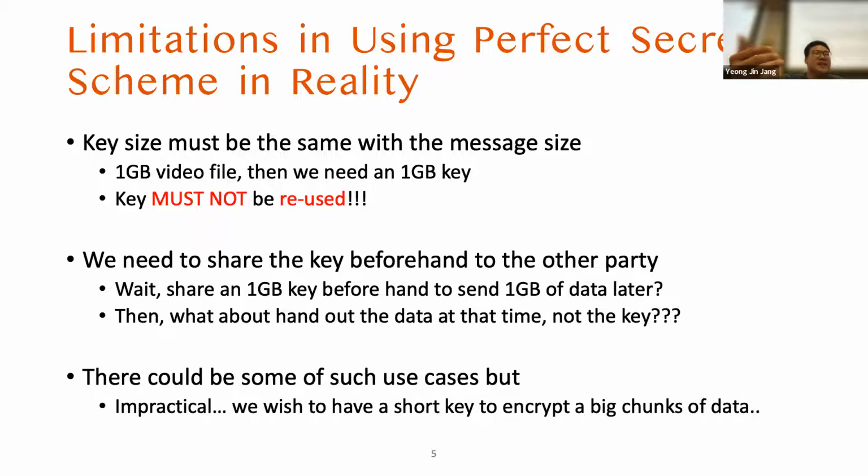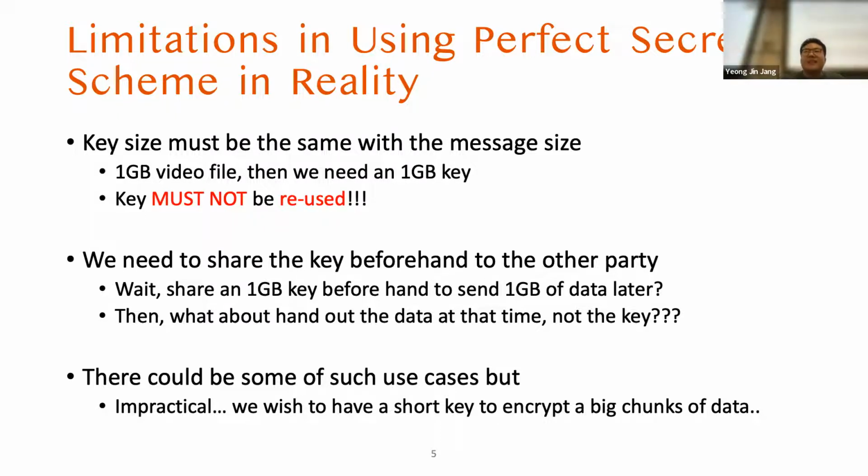But there are not many practical reasons to use this kind of encryption in reality. So the implication is that even if some schemes are perfectly secure, there are several reasons that we cannot use them in reality, and they are not that efficient when we encrypt the data.